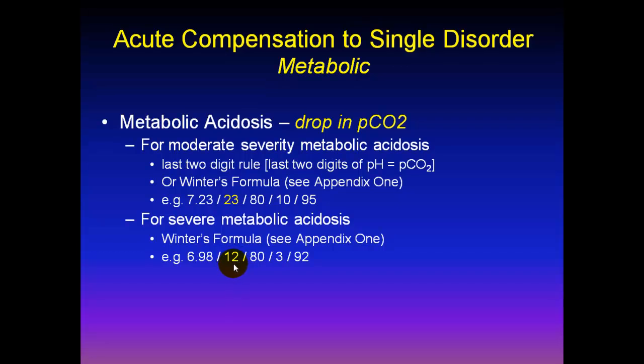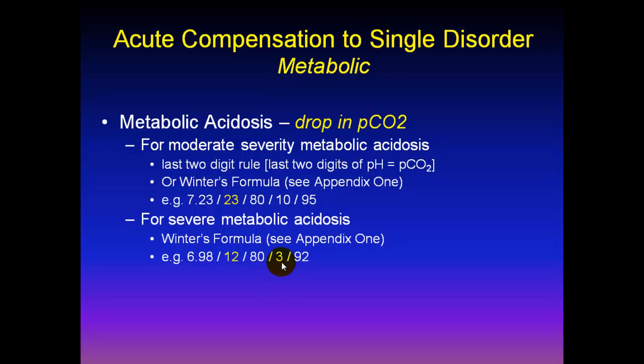I don't like formulas, but the rule for Winter's formula, if you want to write this down, is that in a metabolic acidosis, the PCO2 falls until it's within 2 of the bicarb times 1.5 plus 8. So it's the bicarb times 1.5 plus 8.